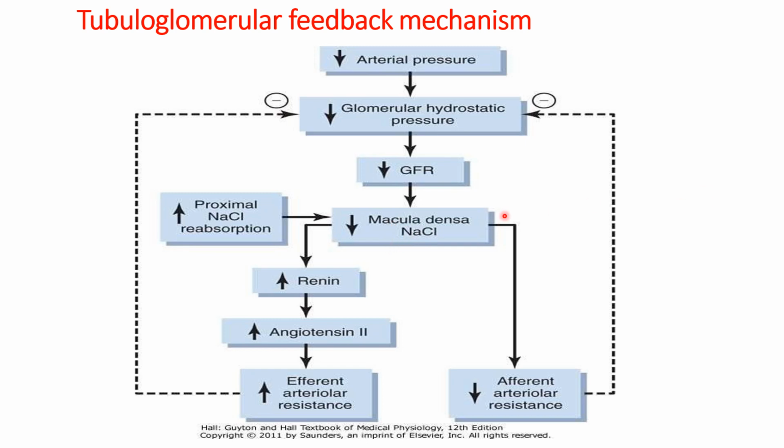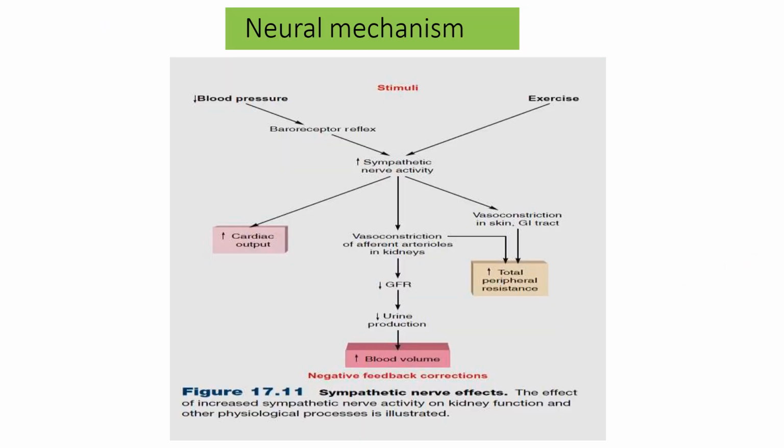Tubulo refers to the tubule, and glomerular refers to the glomerular hydrostatic pressure. So this negative feedback mechanism from the efferent and afferent arterioles is nothing but the tubuloglomerular feedback mechanism.